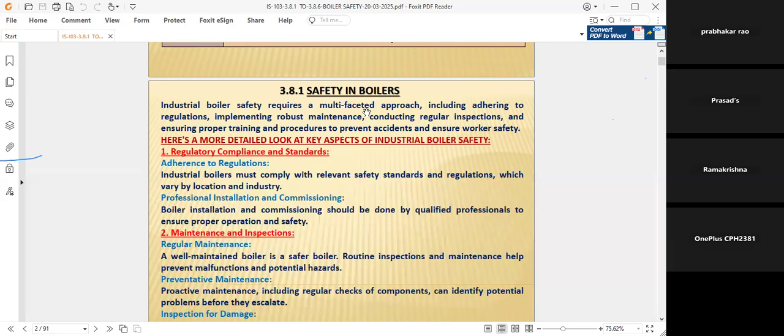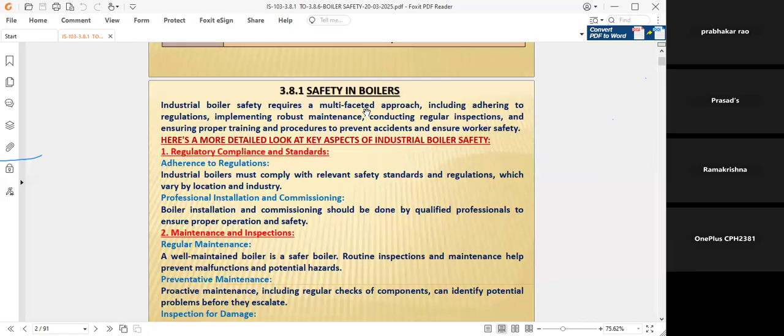Depending upon the license and the period we have to use, one month before, we have to call the inspector of factories to inspect our boiler, so that he will come and inspect after shutting down and cleaning.